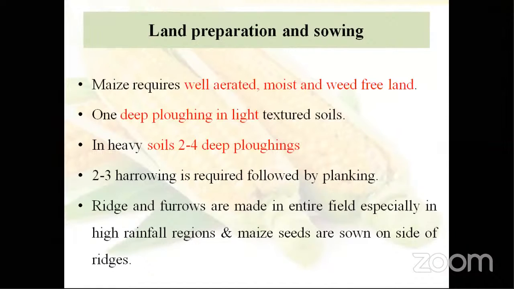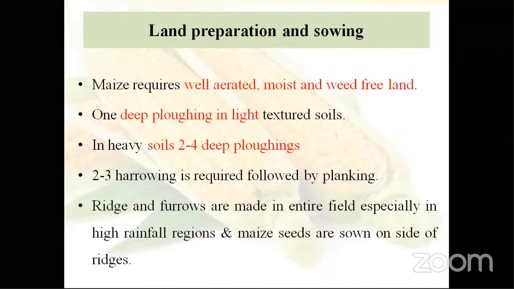What about intercultural operations, intercultivation? Then we have the procedure of land pulverization, starting from plowing to seed bed. Plowing is primary tillage, and harrowing, leveling and bed preparation are secondary tillage.